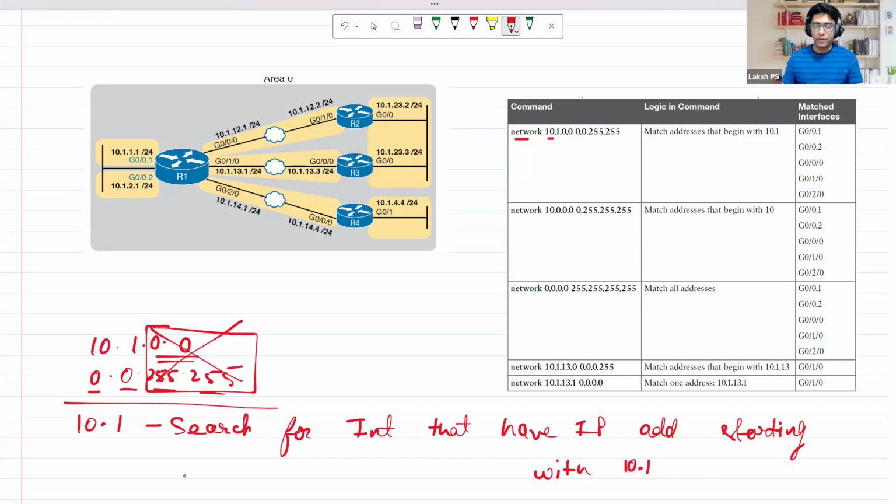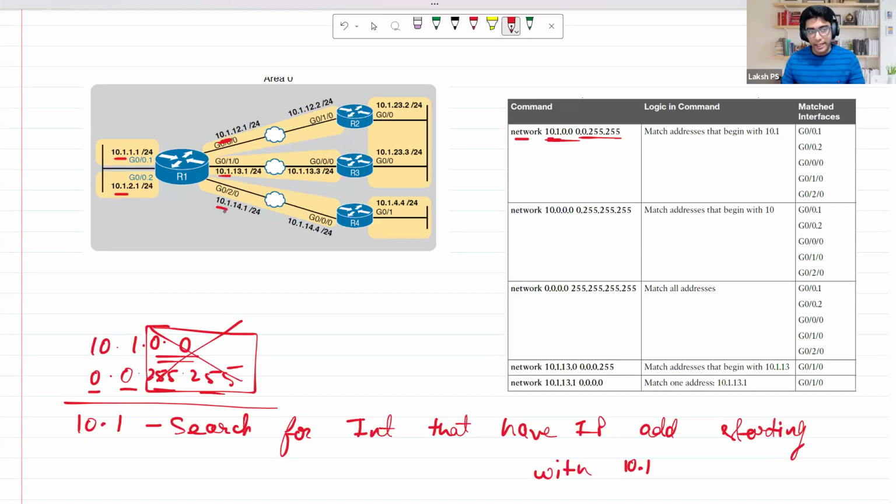Read the statement carefully: the network command with the network ID and the wildcard mask combination searches for interfaces that have IP addresses starting with that number, in this particular scenario, 10.1. Now, what are the interfaces that start with 10.1? 1, 2, 3, 4, and 5.